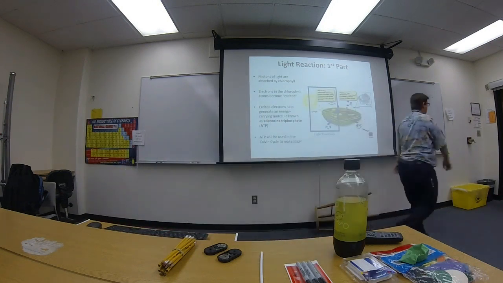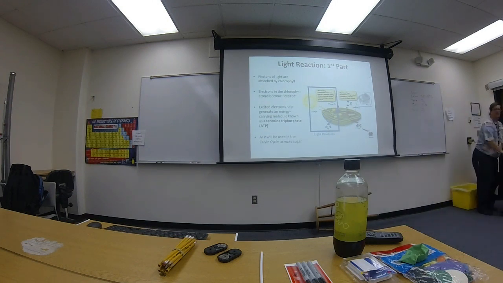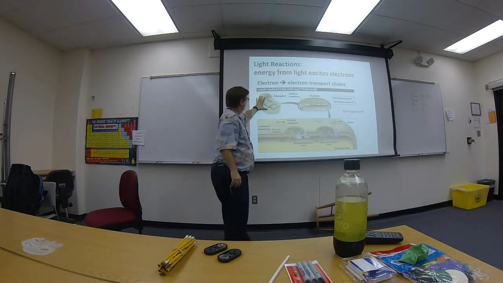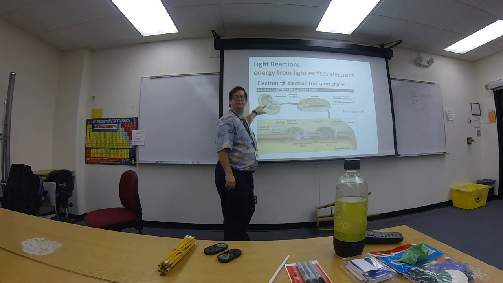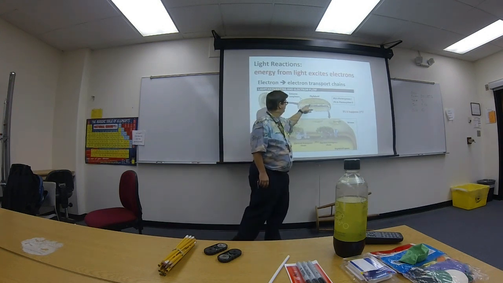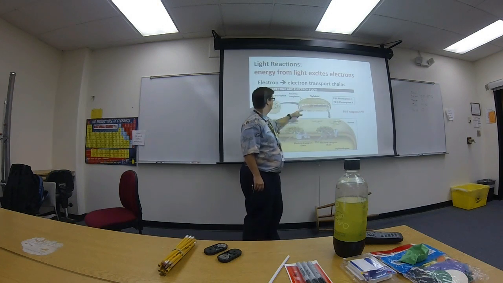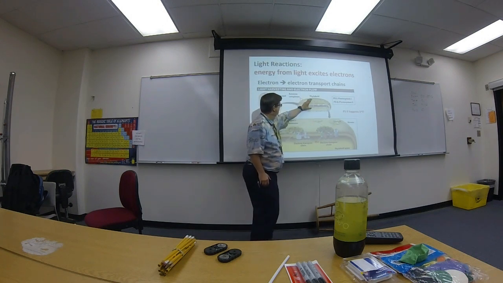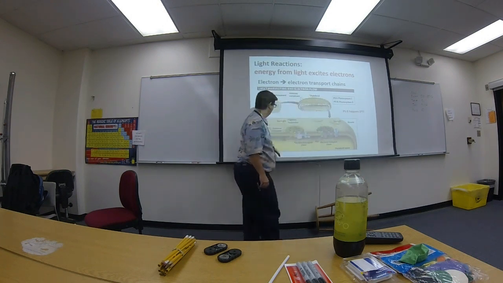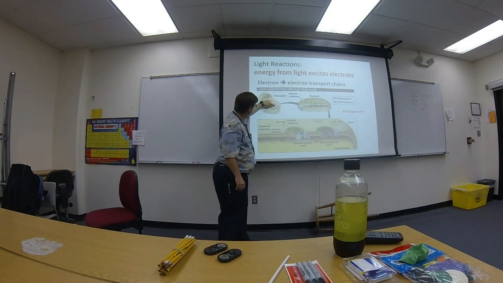And the ATP will then be used in the Calvin cycle to make sugar. Remember I said the thylakoid is a hydrogen storage tank? It also has the pumps to pump the hydrogen in the membrane. This is a piece of the membrane of a thylakoid. So thylakoids are the little tanks to store hydrogen inside the chloroplast.